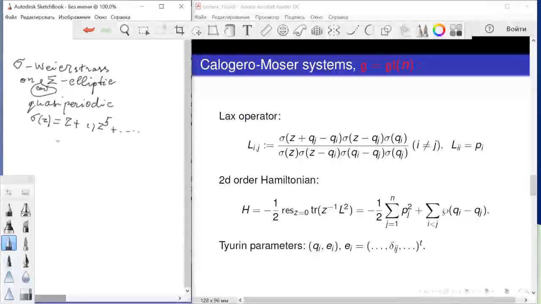Lena, correct? Is 5 here? Yes, I think so. It's a quasi-periodic function on the covering of the elliptic curve, having a simple zero for z equal to 0. Z is a coordinate on the covering.